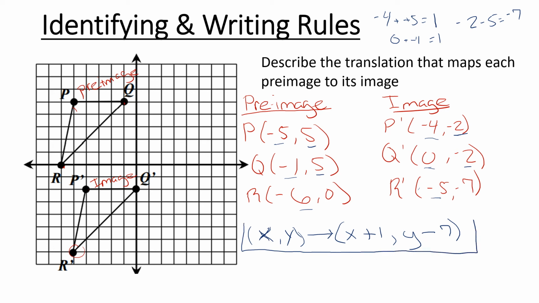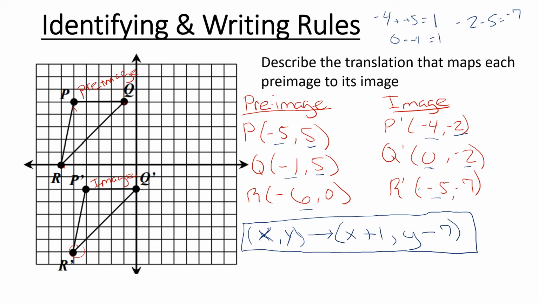So to write a rule, you need to take each of your ordered pairs, or you could actually just take one of them. But I always use at least 2. I did all 3 just to show you an example. But you can take at least 2 of those ordered pairs and see the pattern: what happens from your pre-image to your image.